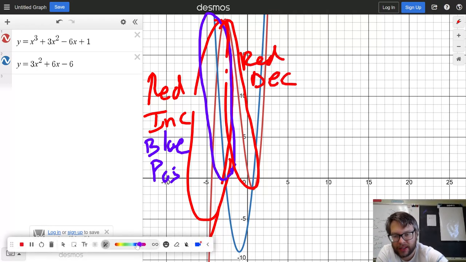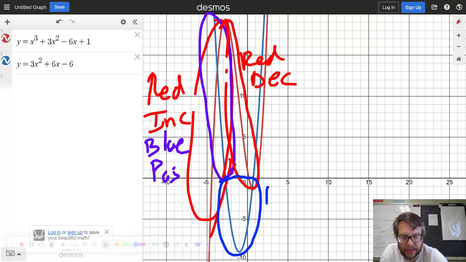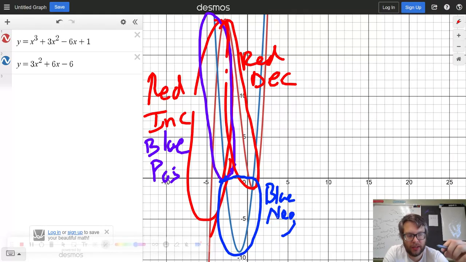And in that exact same interval of x values, you'll see that the blue function is below the x-axis. The blue is negative. Wherever your derivative is negative, that means your slope is negative, that means your original function is going down and to the right. And similarly, after that point, you see that the blue function is positive and the red function is increasing.